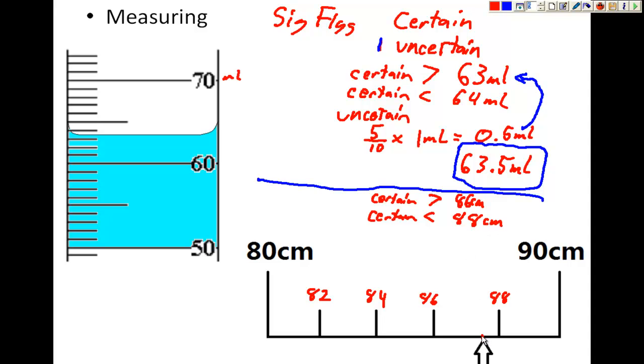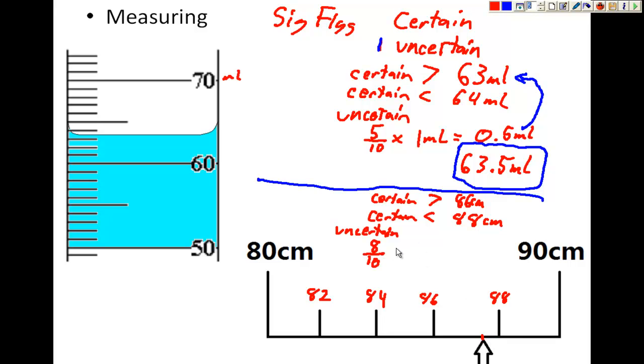Now here, I'm uncertain about this, but it seems to be about 8/10. Maybe someone could argue that it looks like 7/10. But to me, it looks like it's about 8/10. So 8 over 10. I'm uncertain about this, but it looks to me that it's about 8/10 of this subdivision right here.